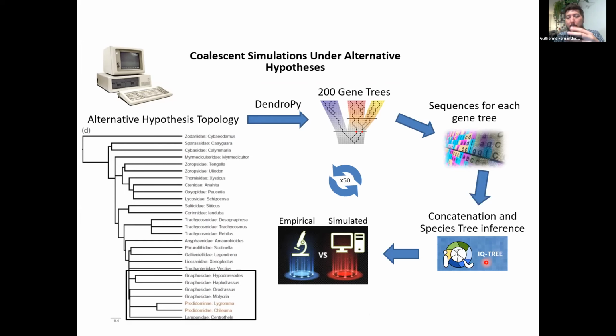When we simulate the data and analyze it, we expect the inferred tree to be the same as the tree used to generate it and not similar to the empirical tree. If we get a tree similar to the empirical tree, then we have a problem. With this approach, we can get an idea of the probability of our data being in the anomaly zone and being hard to analyze, and probably leading to a wrong inference.